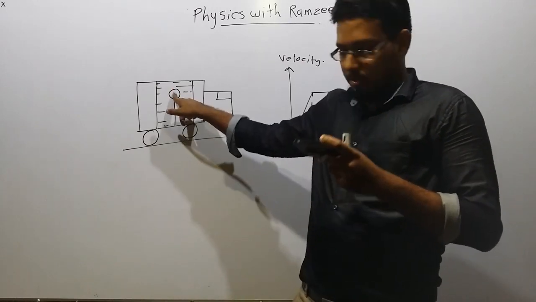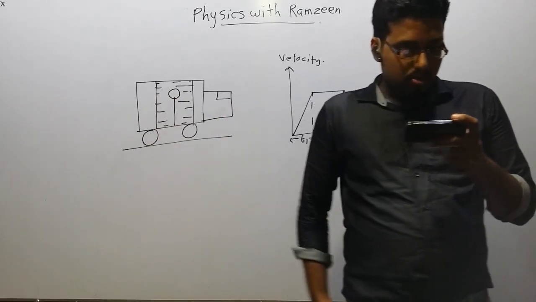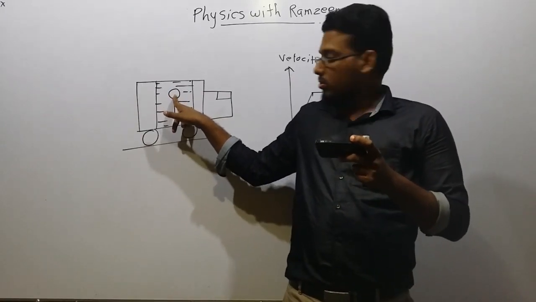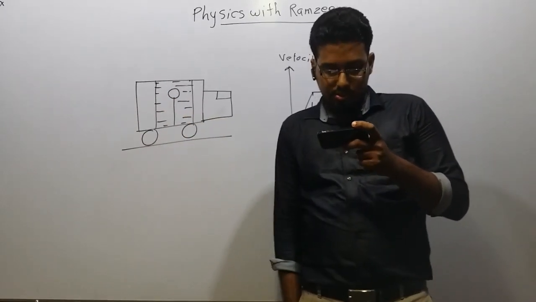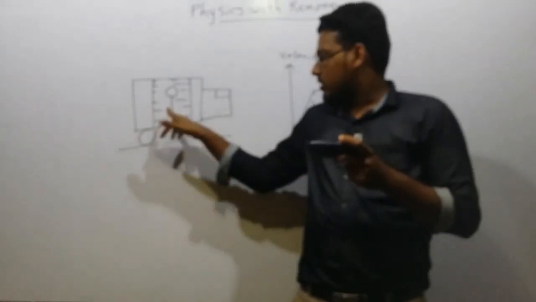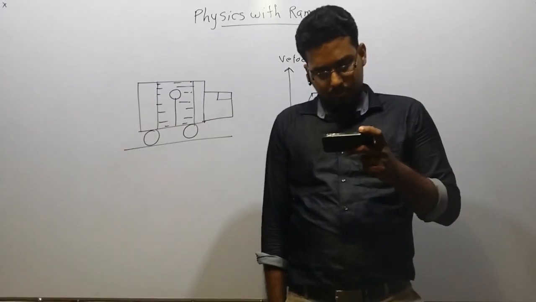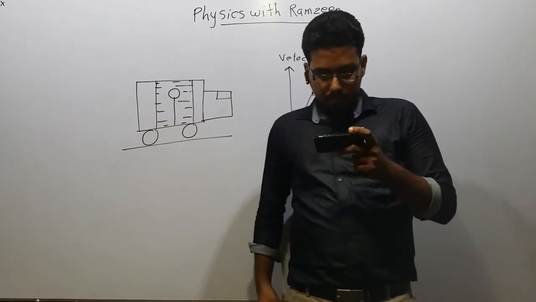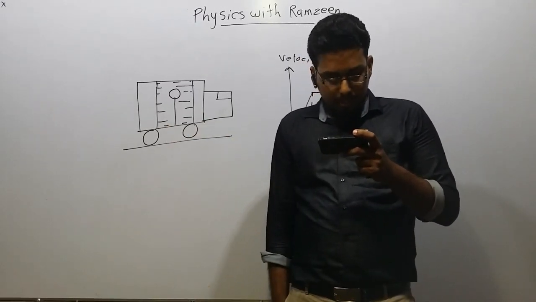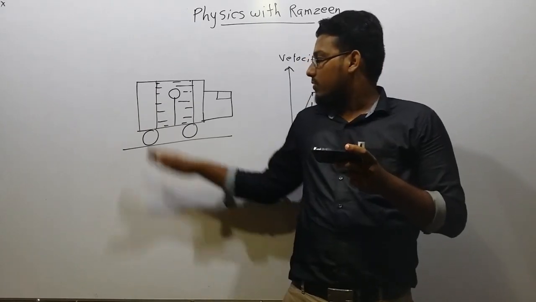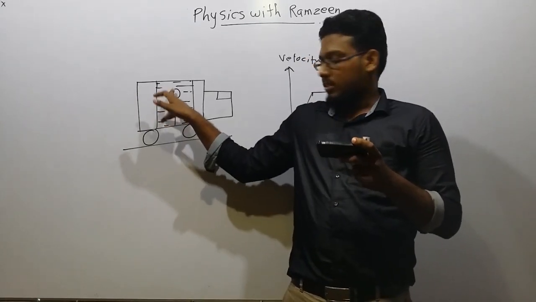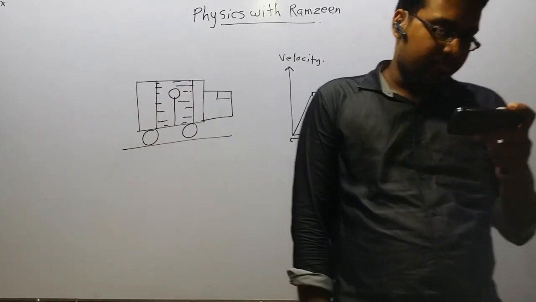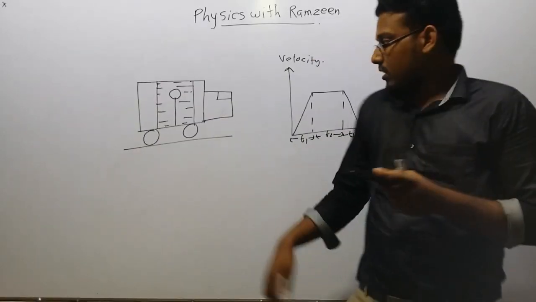The massless balloon and the light string have no mass values, and are attached in the truck. The balloon is completely submerged in the water. Here we can see the balloon is submerged totally, and the velocity time graph shows the motion of the truck.